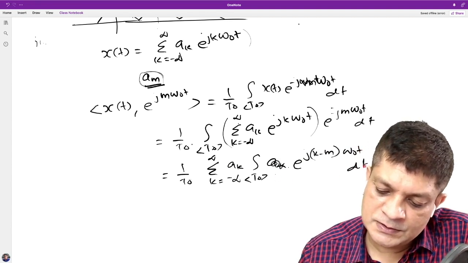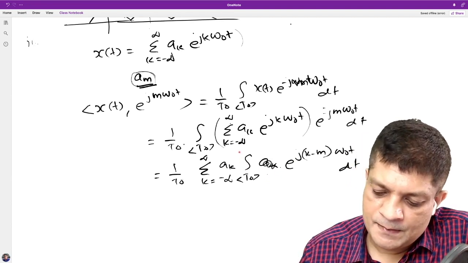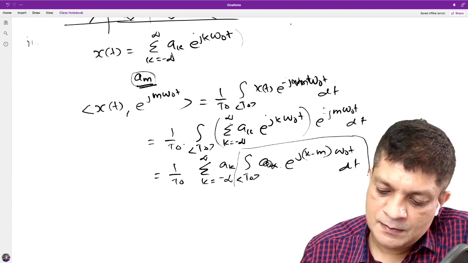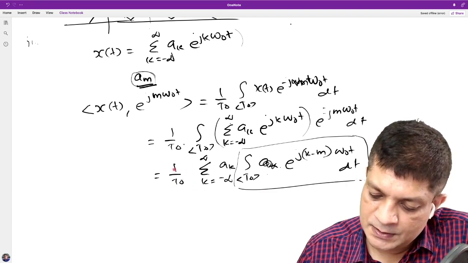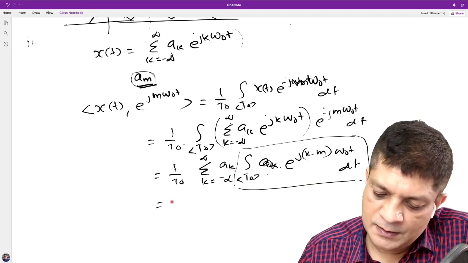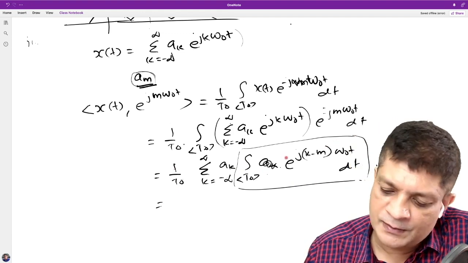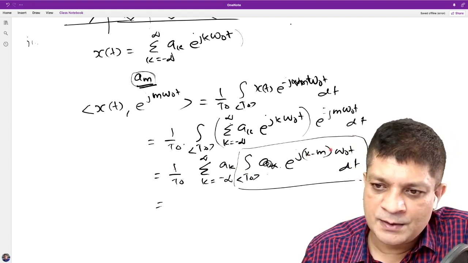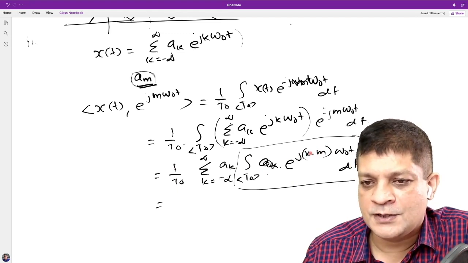Now tell me what is this integral? It is delta k minus m, since I am taking 1 by t naught here. This integral is non-zero only when k is equal to m, is it?